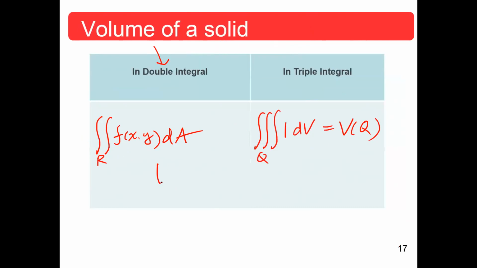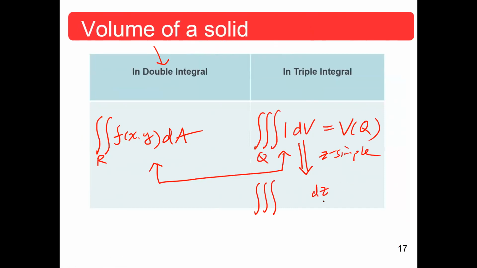And eventually, these two are actually going to be the same, because if you do this dV, let me go further. If it happens to be z simple, then you should have a double integral here, and then the innermost will be dz. And then whether it's dy dx or dx dy depends on the region you are given.